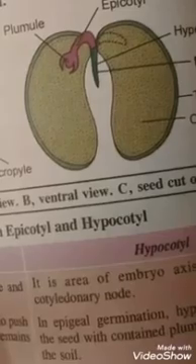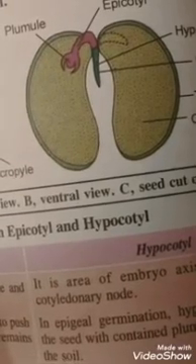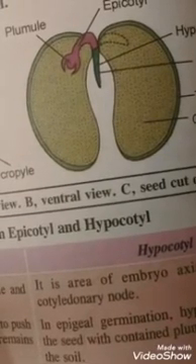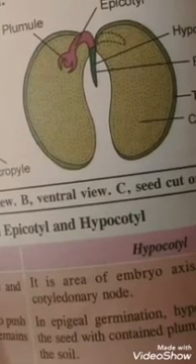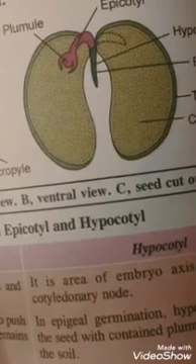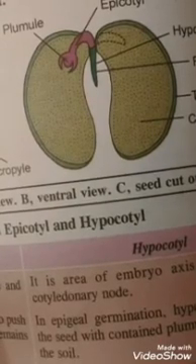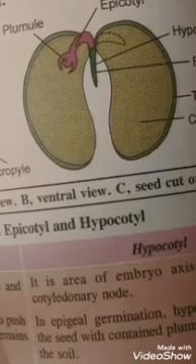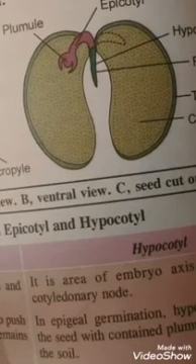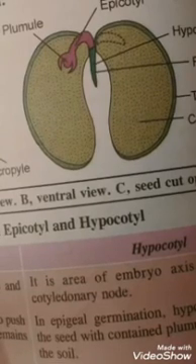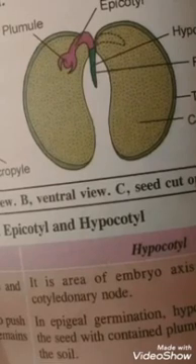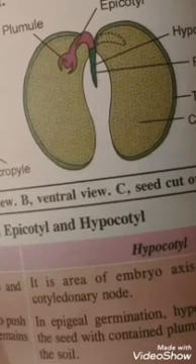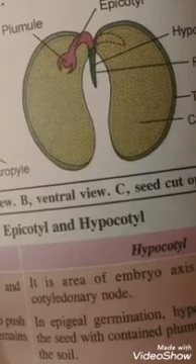Examples of non-endospermic seeds are pea, bean, mustard, etc. Occasionally, the seed may have remnant of nucleus that is persistent. It is called perisperm. For example, black pepper, water lily, and beet.